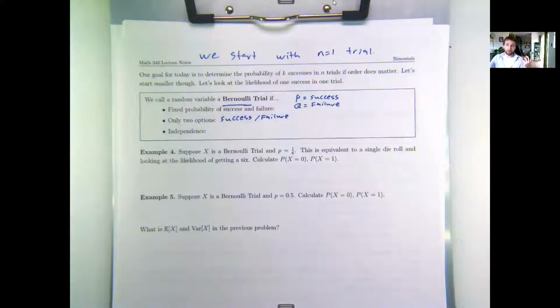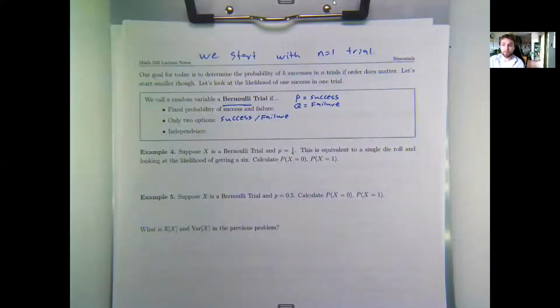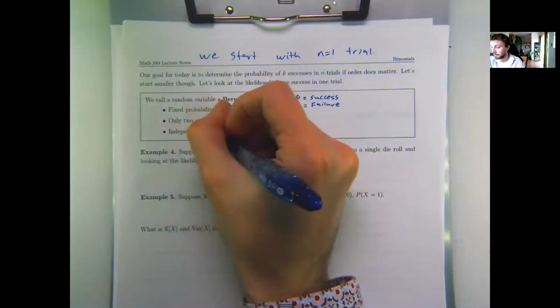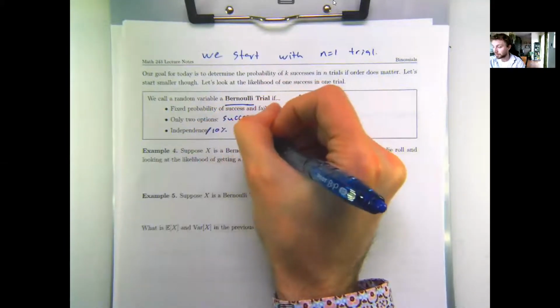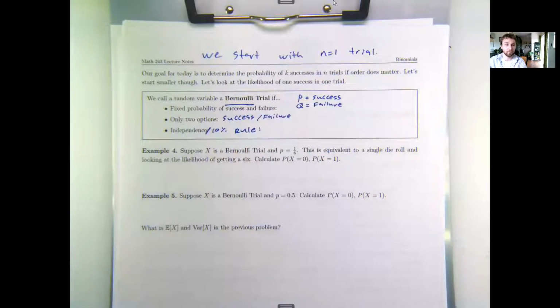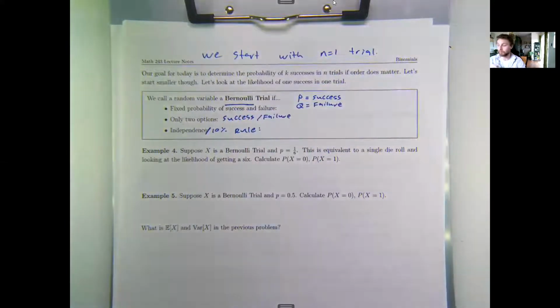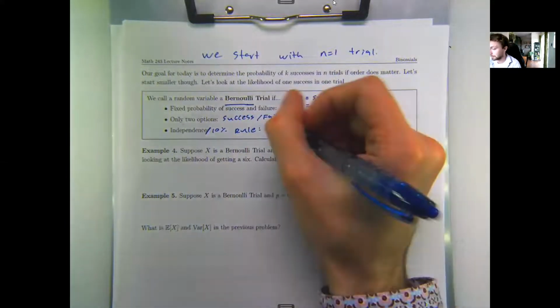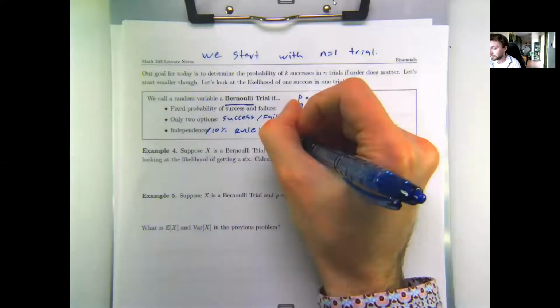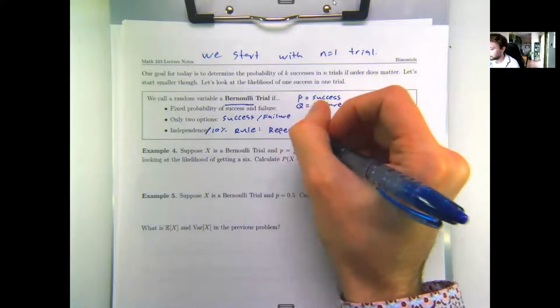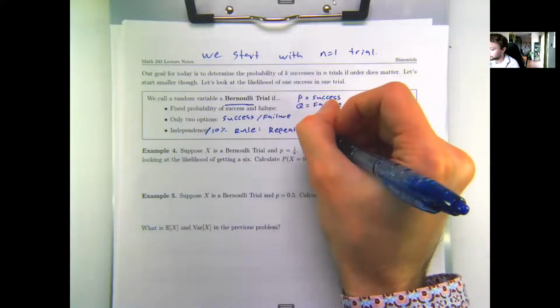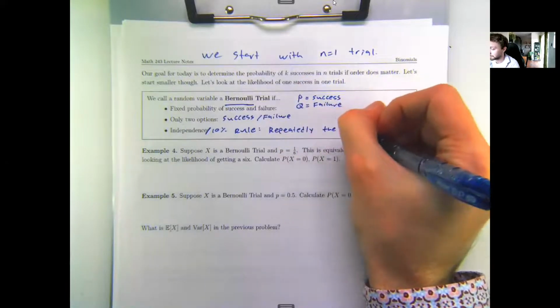And if you only have one trial, I don't have to worry too much about independence between trials. But even if I did, I now have a backup for this. I also can use the 10% rule to make sure that my single trial could really stand on its own. So this means that this thing is essentially repeatable. Repeatably the same.